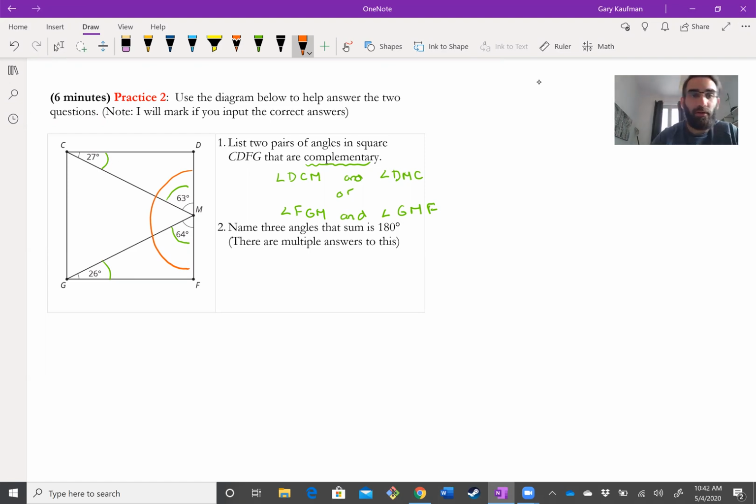So therefore, angle DMC, that's the 63-degree angle, angle FMG, that's the 64-degree angle, and angle GMC, that's the one in between them, I know those add up to 180.